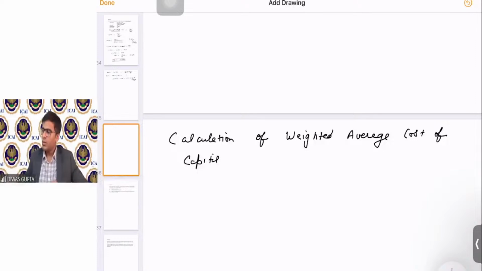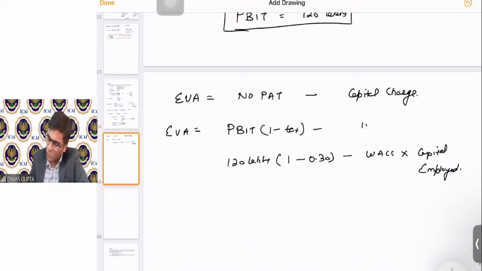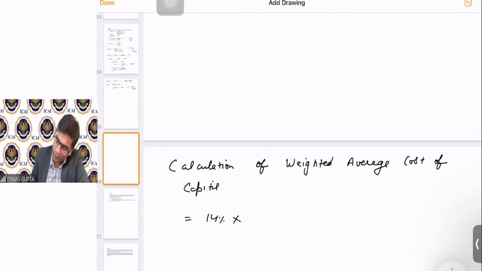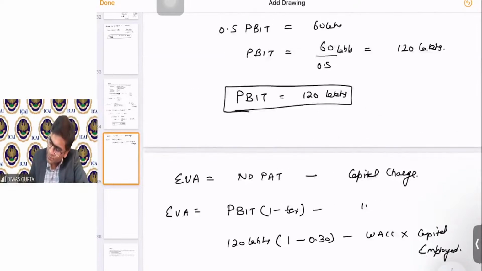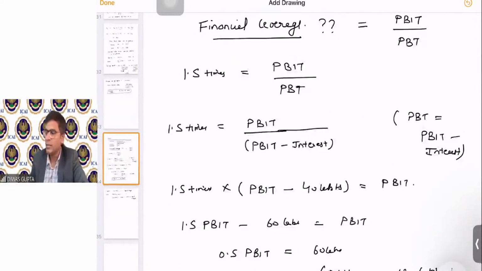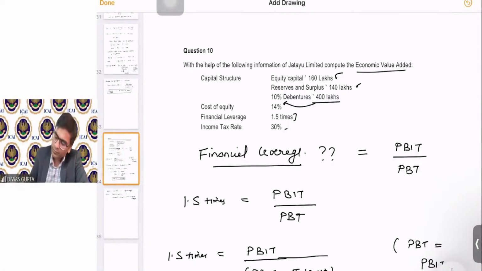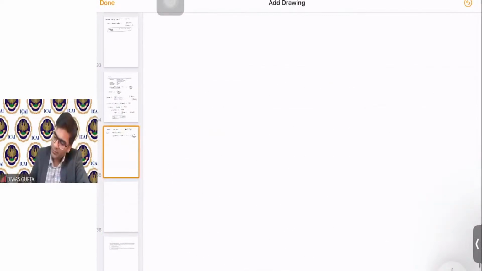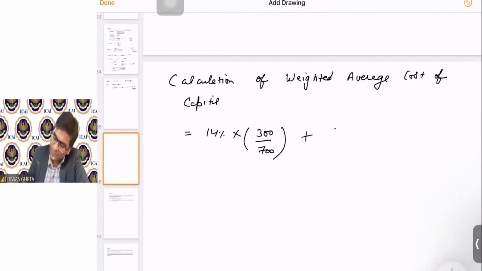Okay. So weighted average cost of capital will be, what is the cost of equity? Cost of equity is 14% on what is the proportion: 160 plus 140, which is 300 lakhs divided by 700 lakhs, plus 10% debentures of 400 lakhs.